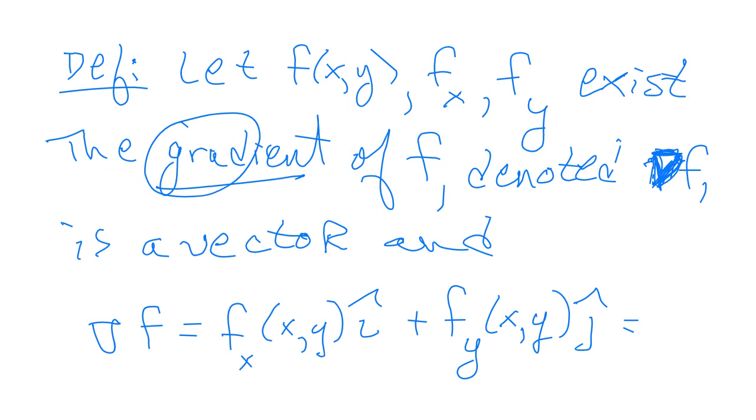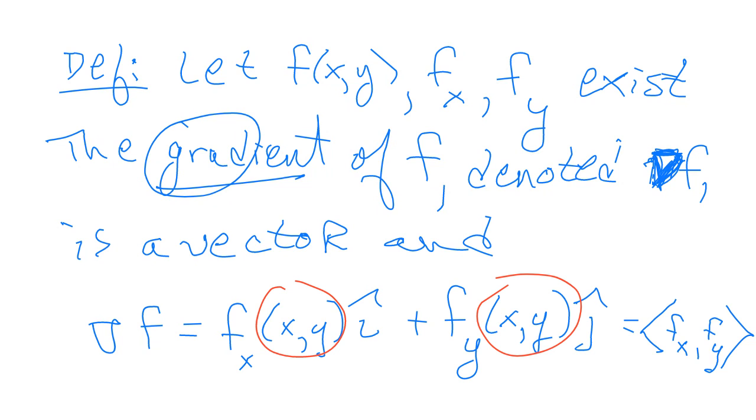Mathematicians don't like writing all that out, and we didn't really need to put evaluated at x, y, since it could be x, y, z. So I'll shorthand this in vector notation: the vector partial of f with respect to x, partial of f with respect to y. That's the gradient of f when we have a function of x and y.